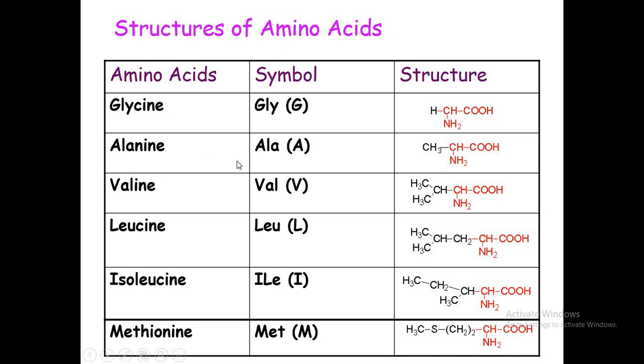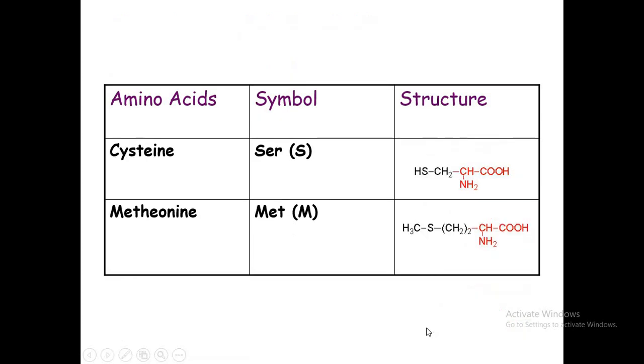If we talk about alanine, we can see that it has a methyl group as its side chain, and in the case of valine we have another side chain. In all these amino acids, you can see the same carboxylic group, the same amino group, and the same hydrogen atom attached to the carbon atom, but they have different side chains.